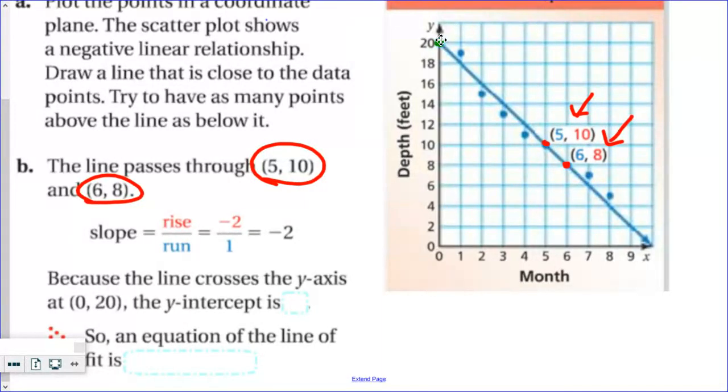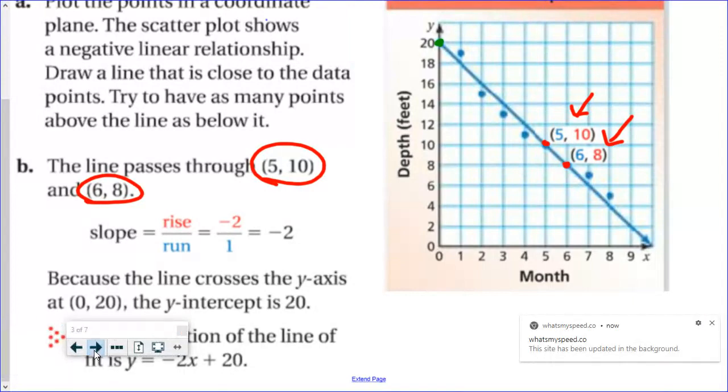So the y-intercept is 20, or the ordered pair 0, 20. So the equation of the line in slope-intercept form is y equals -2x, that -2 is the slope, plus 20, that's the y-intercept. Okay, that's the goal today.